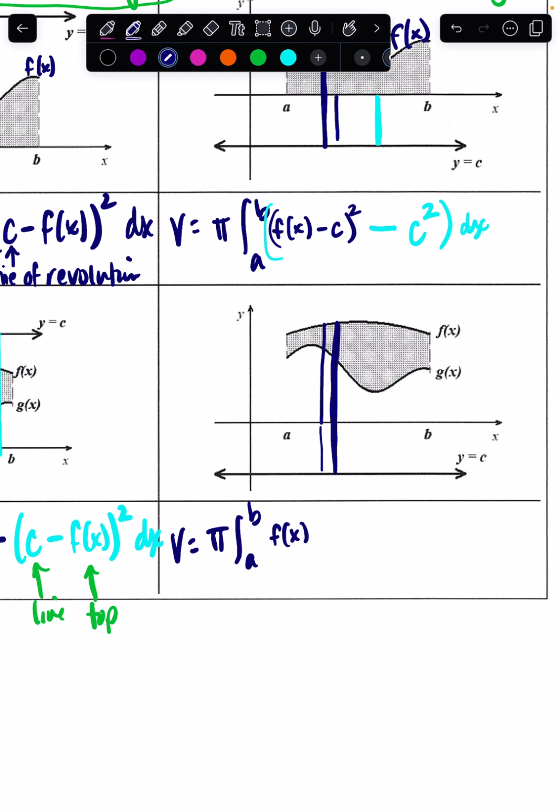So you're going to do f of x minus c, and then g of x minus c. Okay, so g of x minus a negative c becomes plus c. So it all depends on how you want to look at that. I always do minus because it's not always going to be a negative.